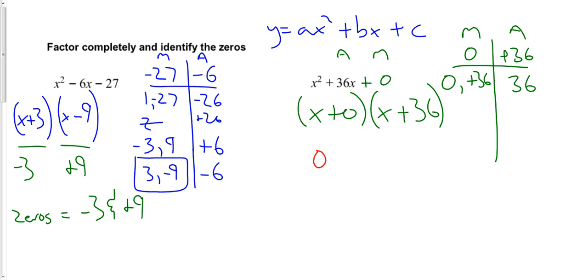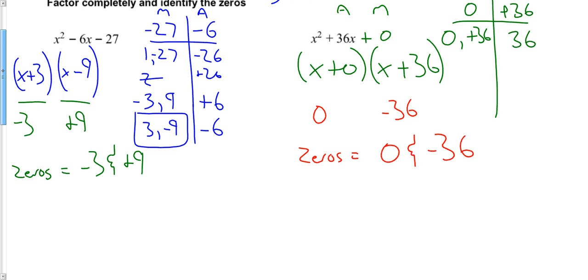And some number plus 36 has to equal 0. So what number plus 36 equals 0? Well, it's actually negative 36. And again, it's the same number, just the opposite sign. So here, my zeros are equal to 0 and negative 36.